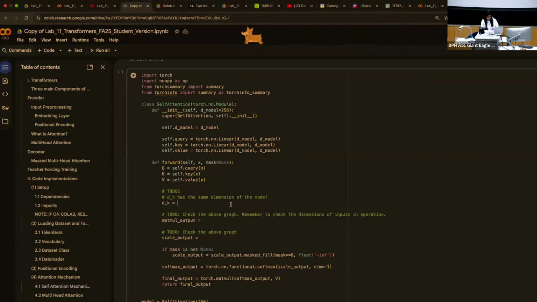Okay, so as DK has the same dimension as our model, that's D model, we can just initialize it. Or just directly, we can use D model here.